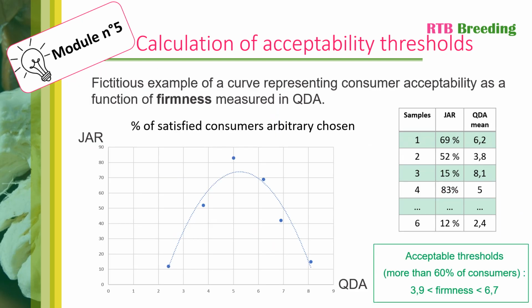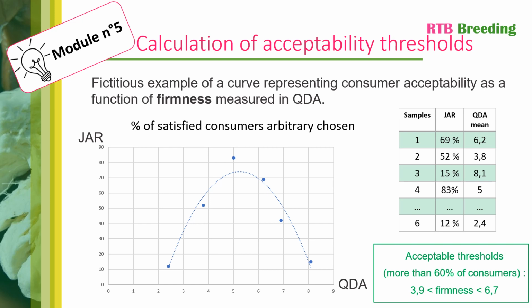The example shown here is a fictitious one. Here you can see a scatter plot of the QDA firmness score as a function of the percentage of people finding firmness just the way they like it in the 6 samples studied. This scatter plot allows us to draw a bell curve.